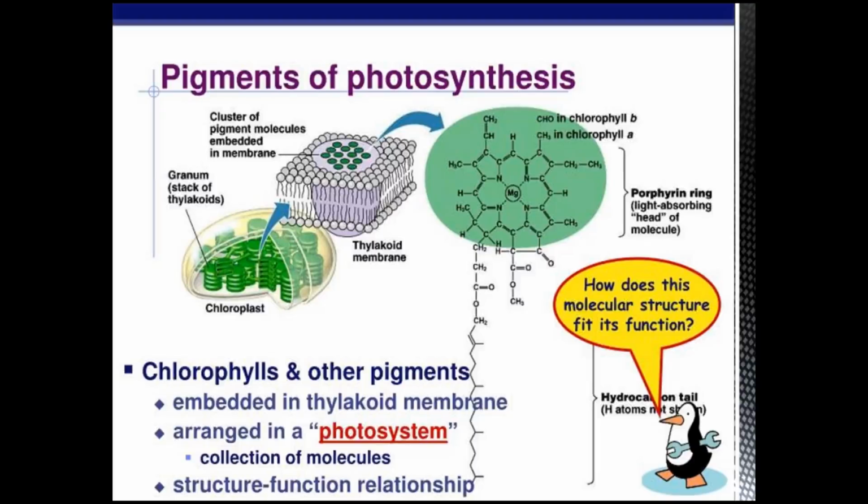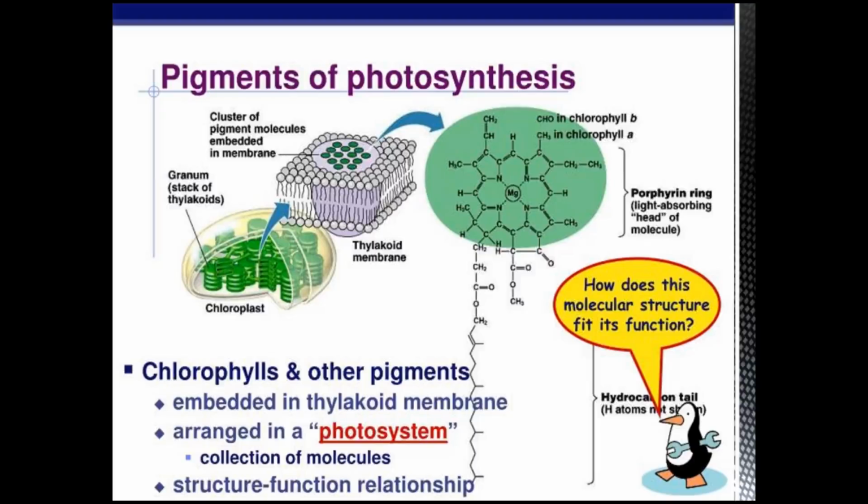Photosynthetic pigments are of two classes, namely primary pigment and accessory pigment.